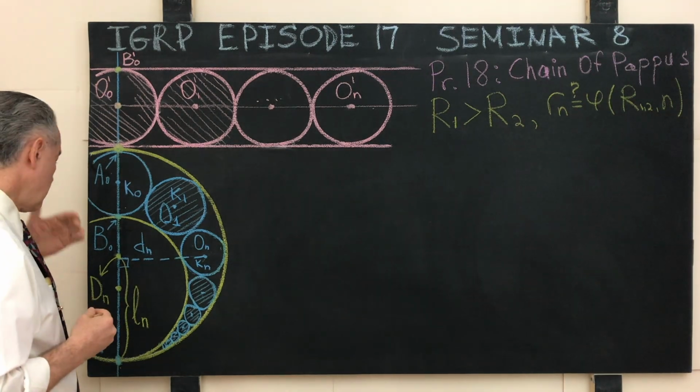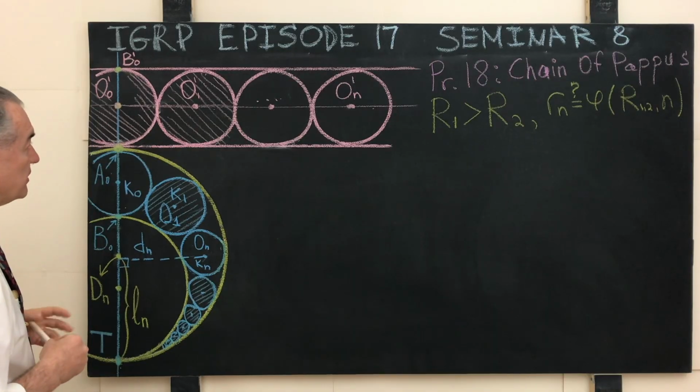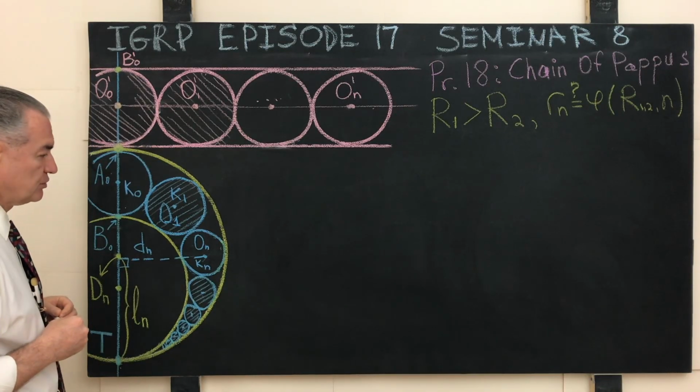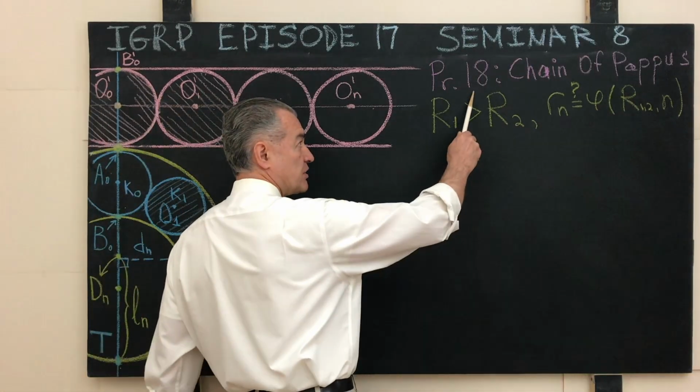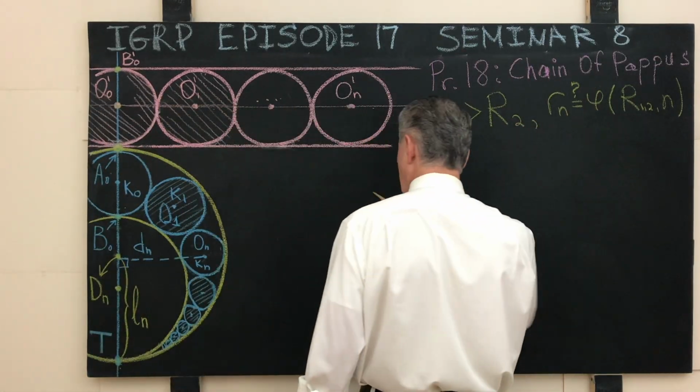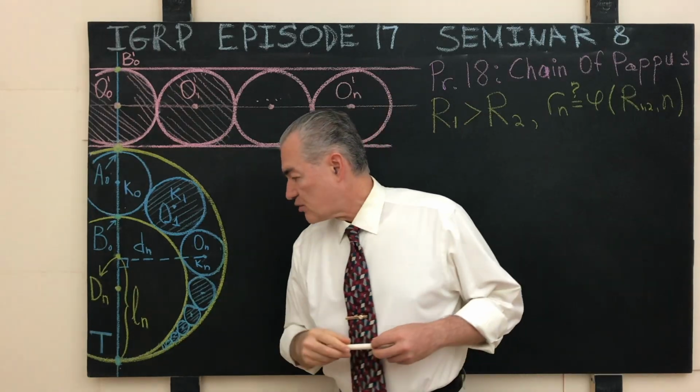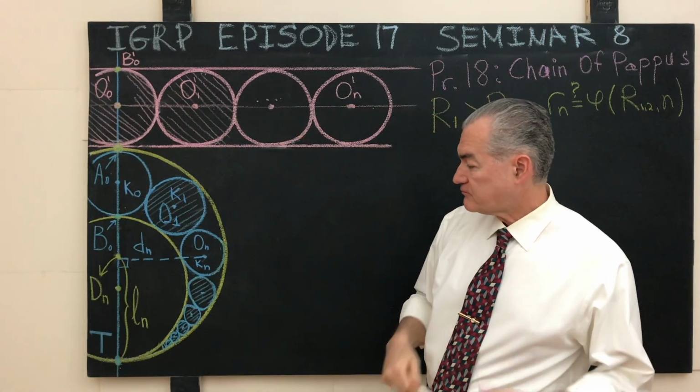And now, since the cat is out of the bag, what we do over here is the following. In order to solve problem number 18, also known as the chain of Pappus, we perform the following maneuver.